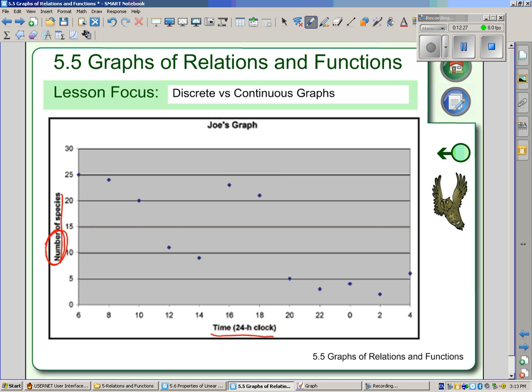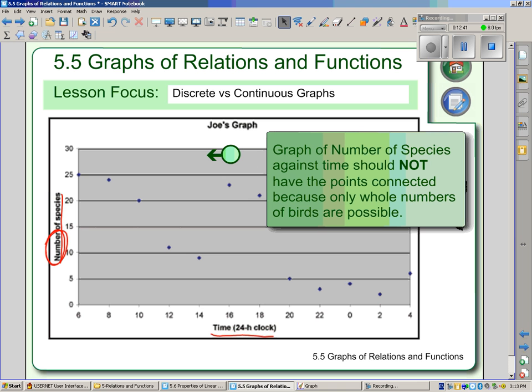Right? I'm only going to go in and count like heads. And I know I can't have half of one. And that's not going to change. So this is an example where I'm going to keep the dots as they are. So when you graph the number of species against time, we should not have the points connected because only whole number of birds are possible.